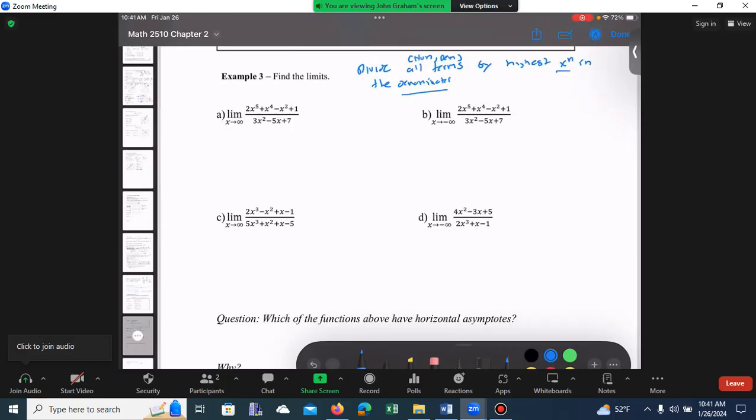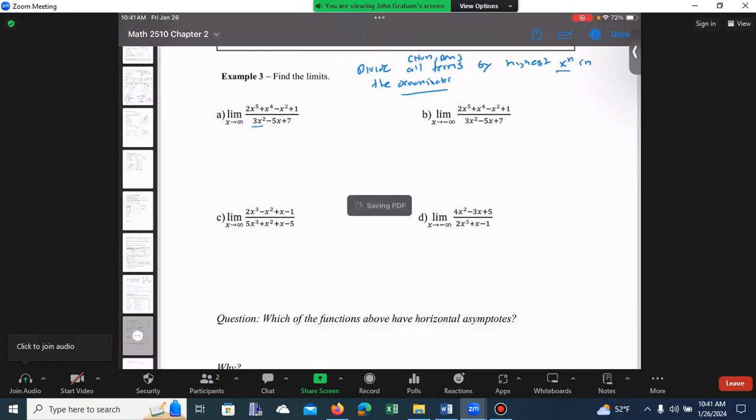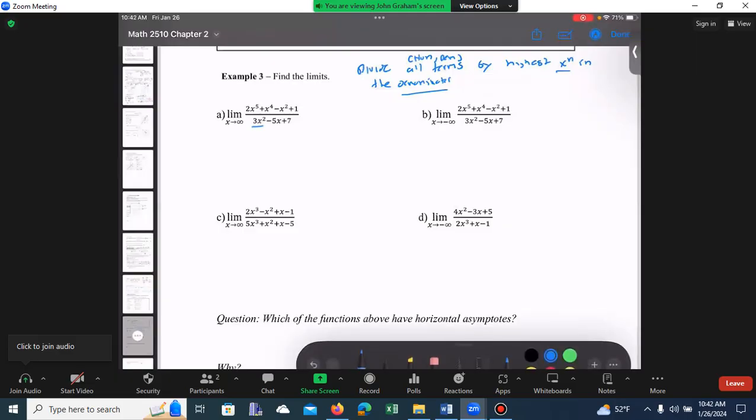So for this first one, the highest power in the denominator is 3x squared. So we don't do the 3, but we'll divide top and bottom, all terms, by x squared. So you have a limit as x goes to infinity of 2x to the third plus x squared minus 1 plus 1 over x squared, and then here you have 3 minus 5 over x plus 7 over x squared.